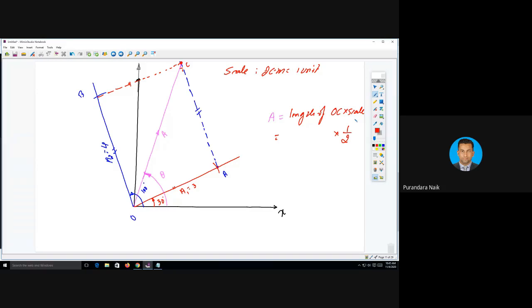One is to one scale is very easy, but I think it will be more complicated because the labeling around it takes space, right? So that's why I have taken it as 1:2 scale. What is the length of OC?